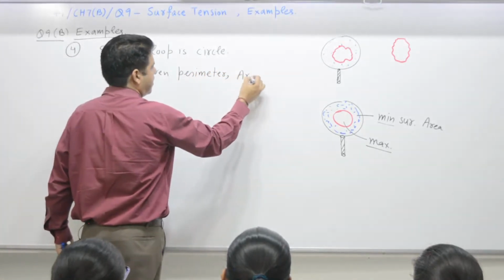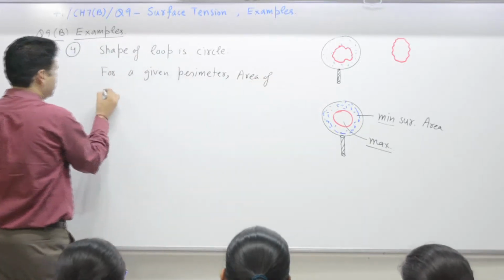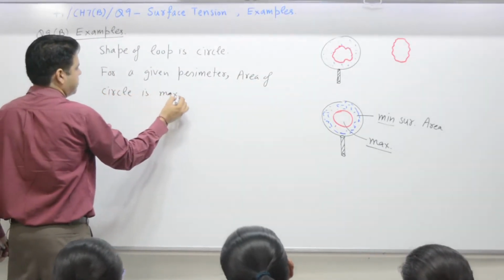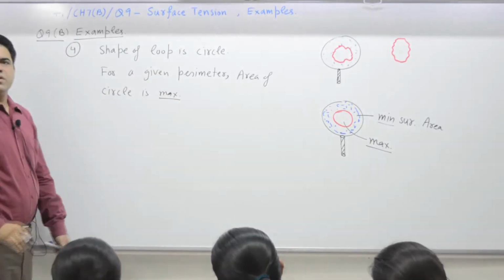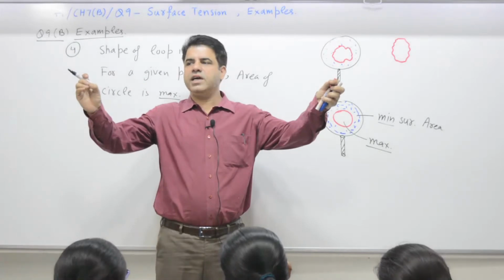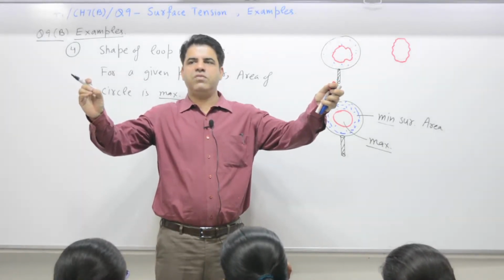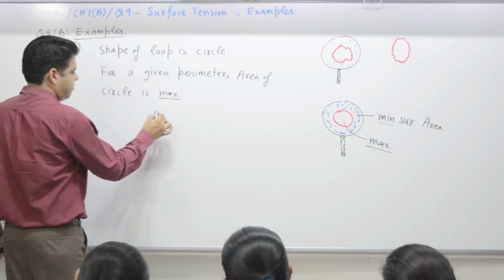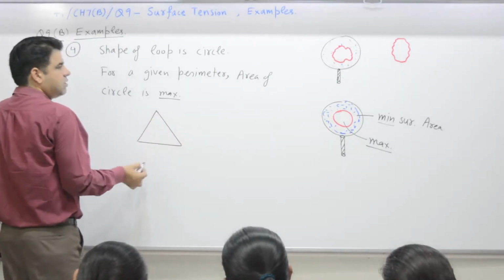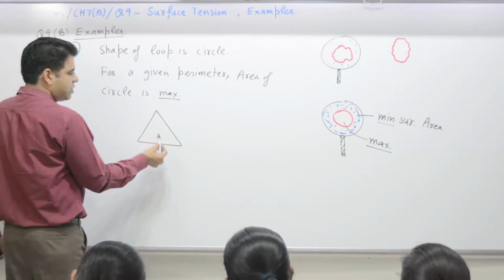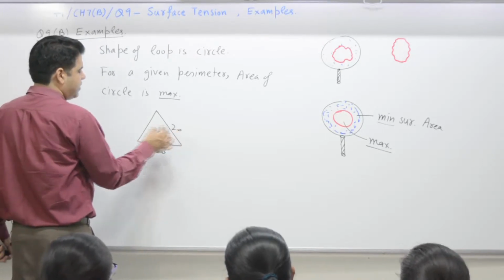Area of circle is maximum. Means what? If you are given a rope and I ask you to make a plot, you have options. Say wire length is 60. So you can make a triangle, 20, 20, 20.